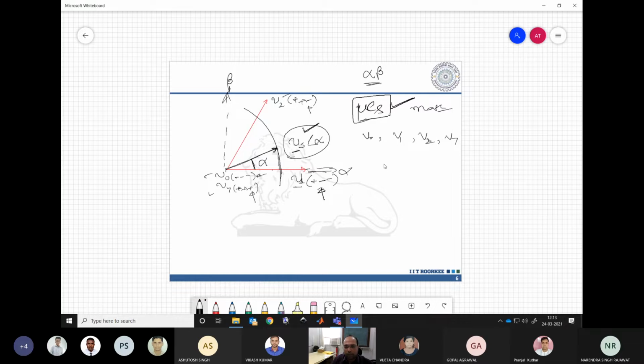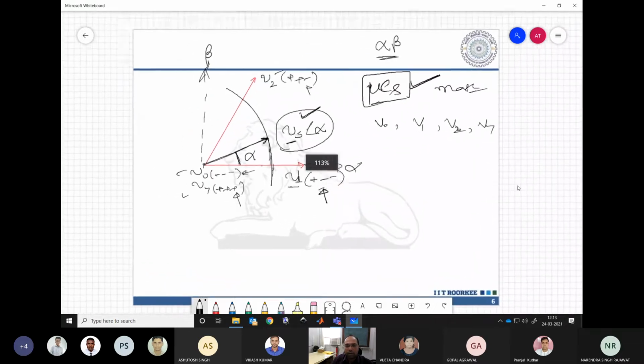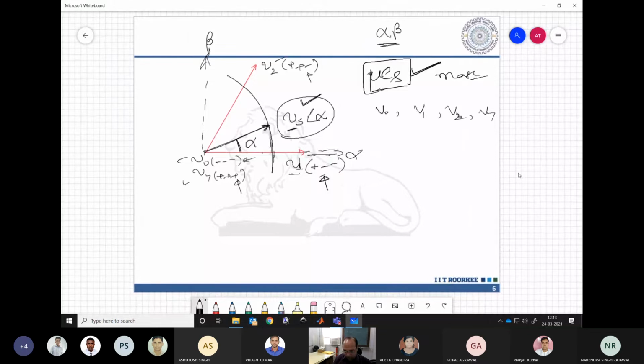Now we need to compute for what time these vectors will be applied. So we say that the designated times for these vectors: let's say V1 we apply for some time capital T1, and V2 we apply for another capital time T2. Then V0 and V7 get the remaining time, let's say this total time period is Ts.